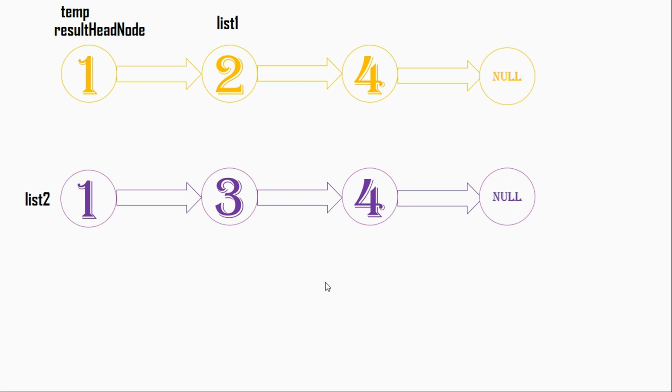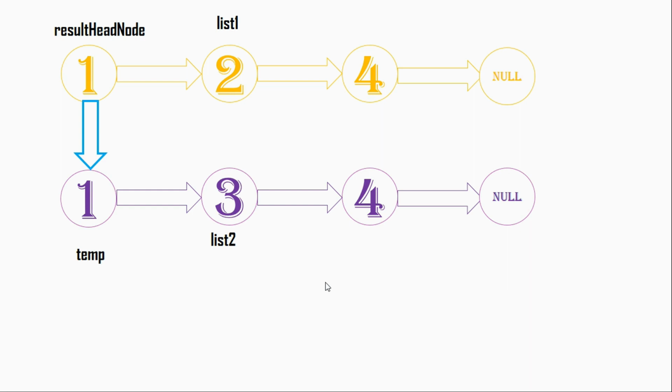So I will connect my temp to list 2 node. That means temp will point to list 2 node, node 1. Next I will move my list 2 to the next node, that means list 2 now will be node 3. At the end I will move my temp node to temp next node.